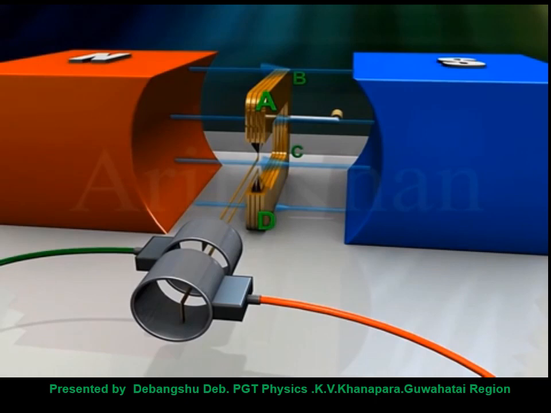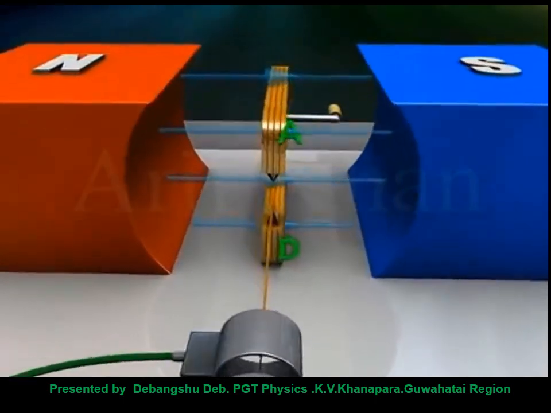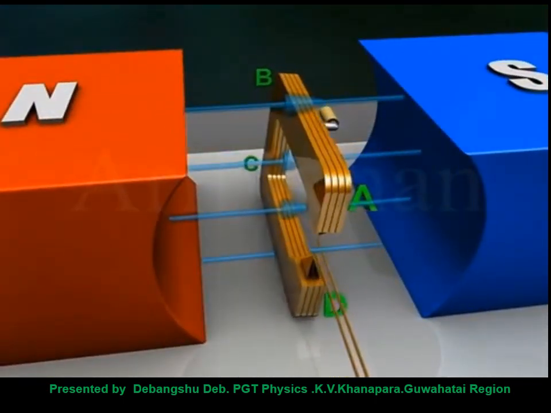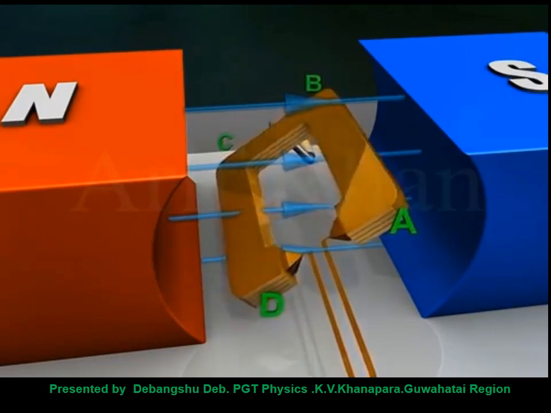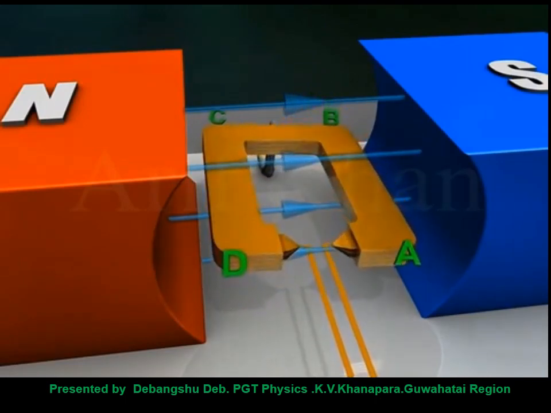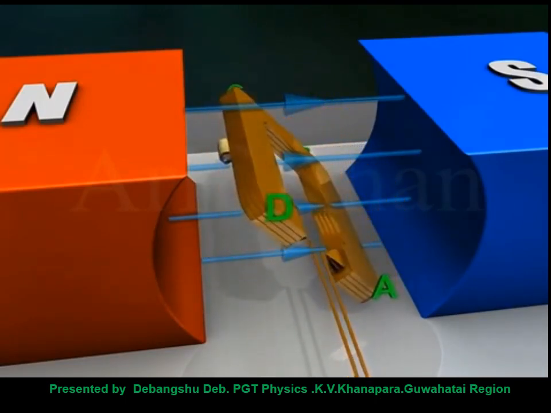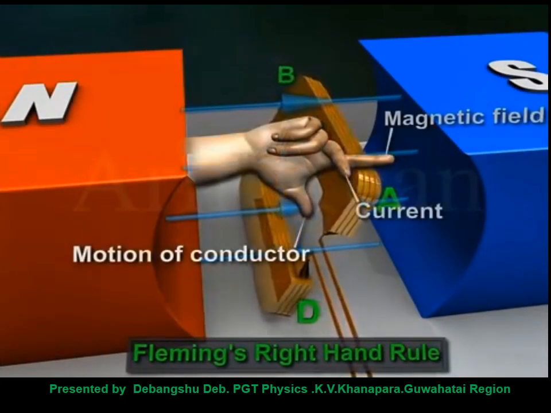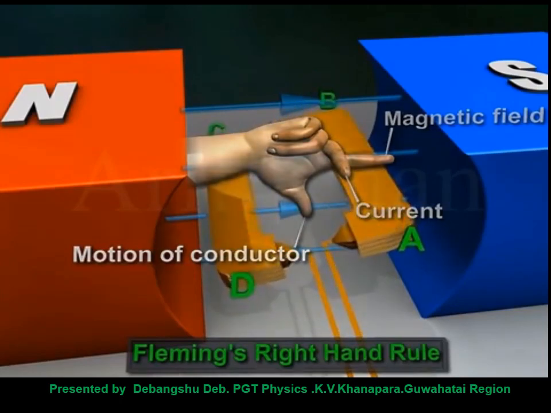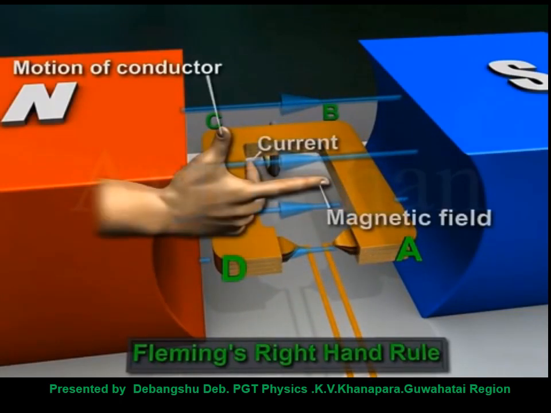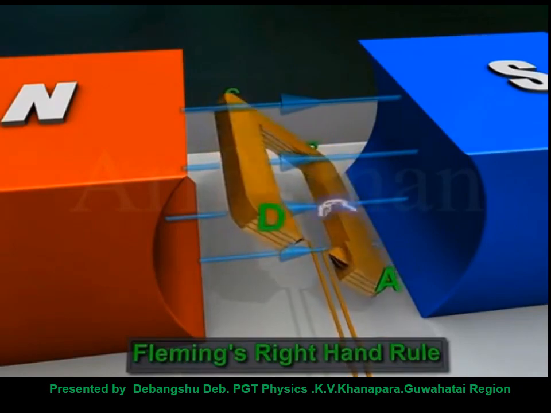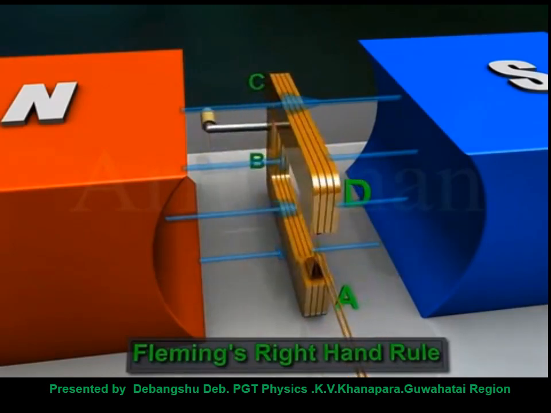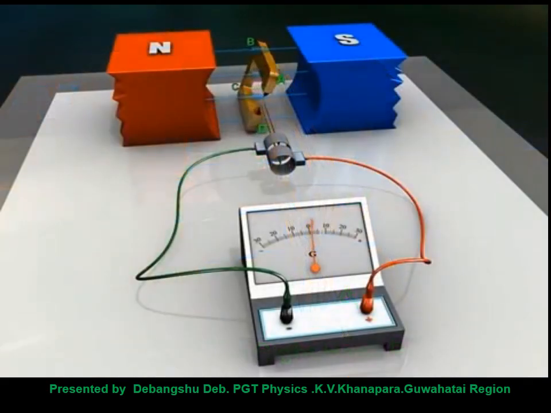d phi by dt. Now let us see that in the armature, say it is making 0 degree angle, or the plane is making 90 degree. Now it has been rotated by 180 degree. Just see what happens there. Earlier CD was lower and AB was above. Now AB is lower and CD is above. By Fleming's right hand rule, you can see the current is going into CD and coming out of AB.